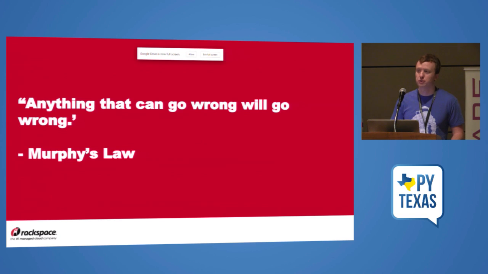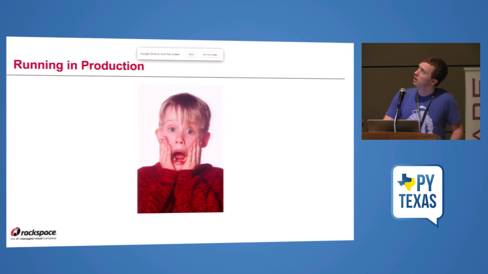So here's a quote I'm sure most of us are familiar with. It's one that I found to be true. So you're going to production, and it's scary as hell. I mean, something might go wrong. You might hurt a customer's experience at some point.